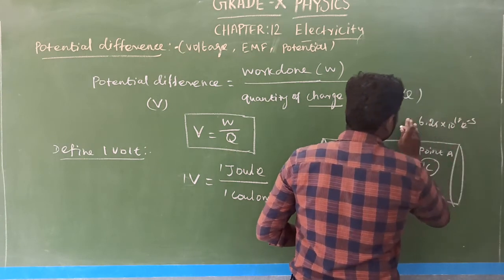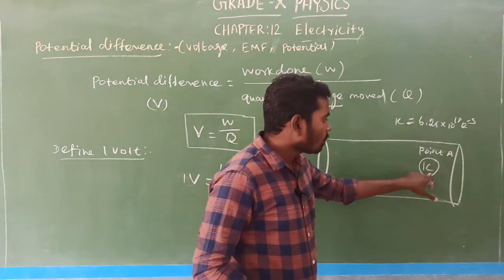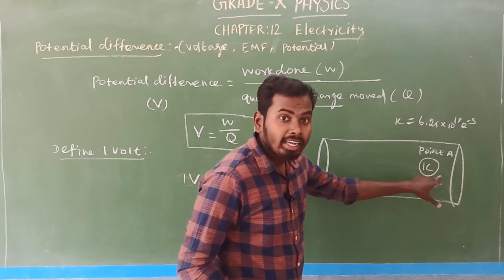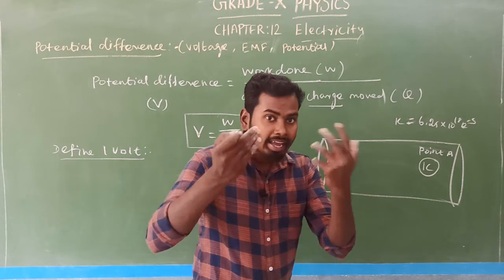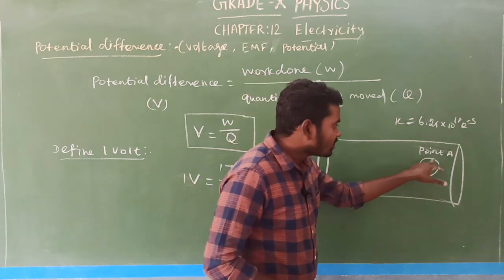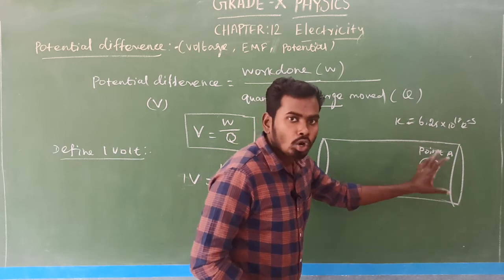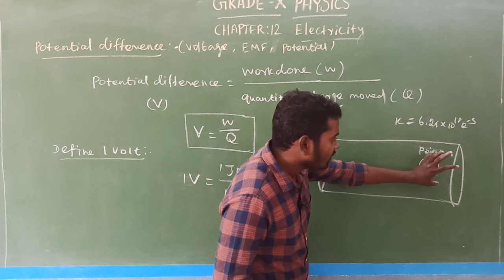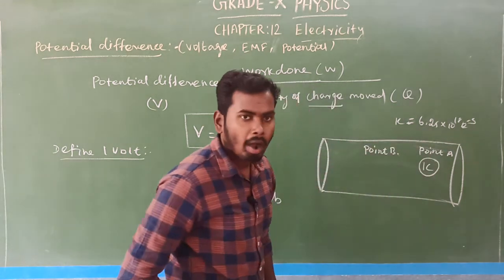That is 1 coulomb. You are applying energy on the 1 coulomb of charge placed at point A to bring it from point A to point B.